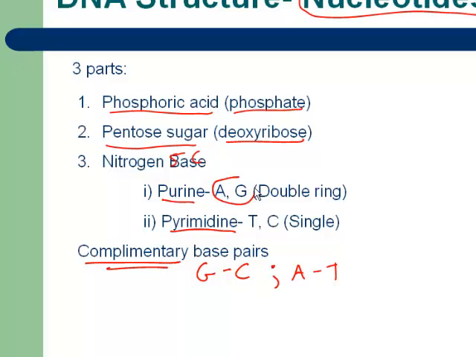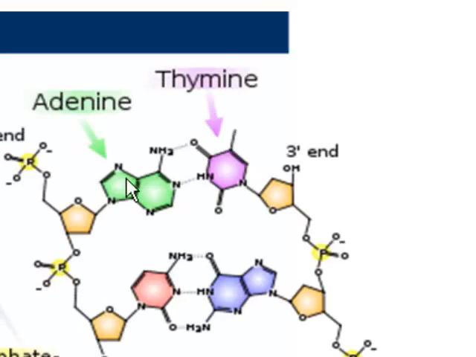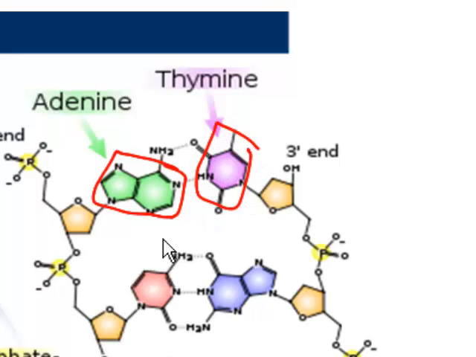Both the A and G have a double ring nitrogen based structure, whereas the pyrimidines just have a single ring. And you'll see this in the next picture. So this here is what we call a purine, and this one is a pyrimidine, based on how many carbon rings they have in their nitrogen base.